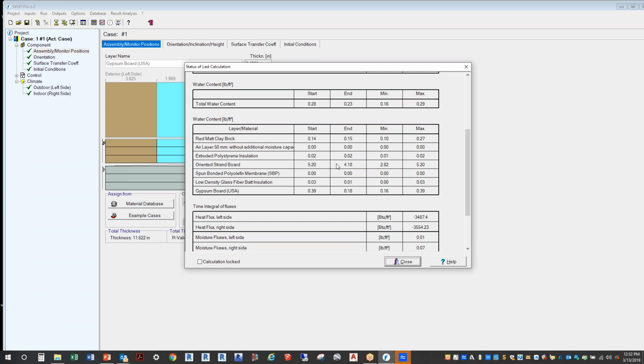Your OSB, it ended lower than what it started, but it did reach a maximum of 5.2, which was what it started out at, so it didn't exceed that. Your Tyvek, your batt insulation, that looks good, ended lower than where it started. And then your gypboard, again, that looks good too.